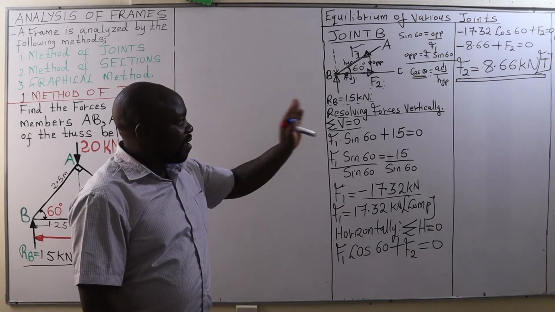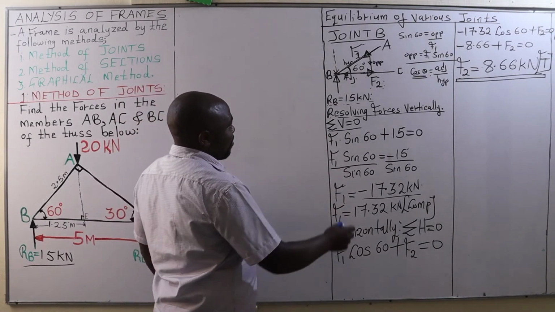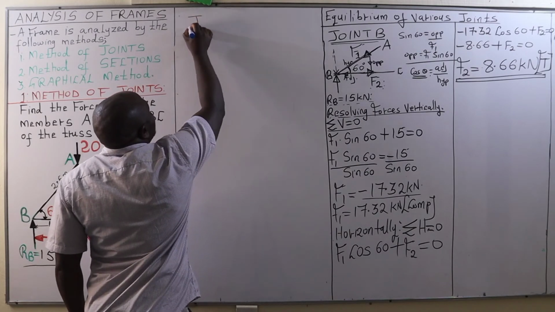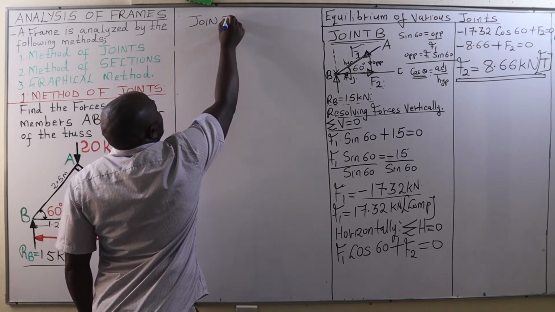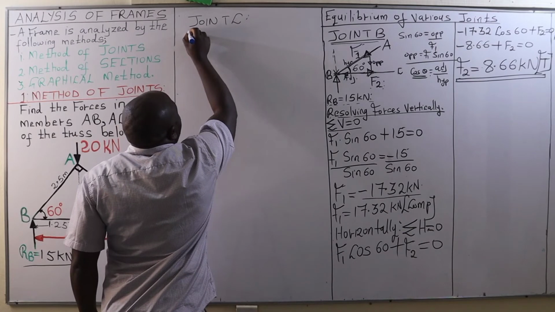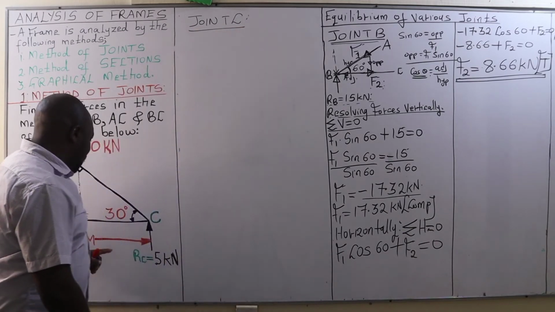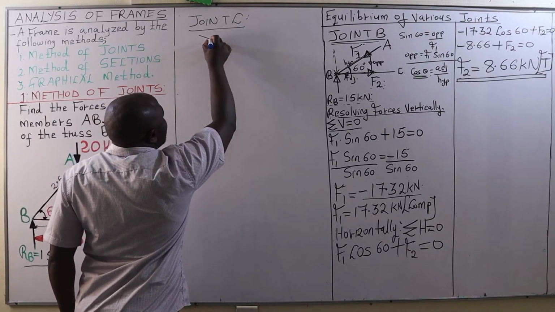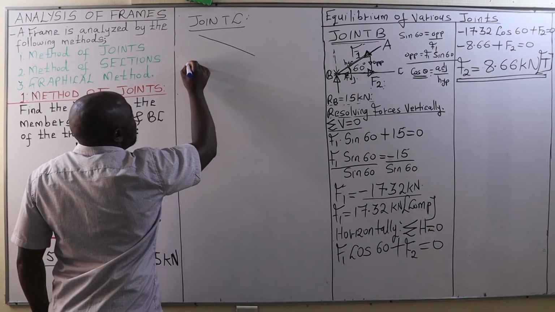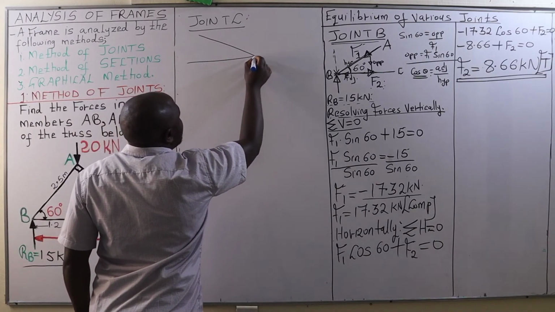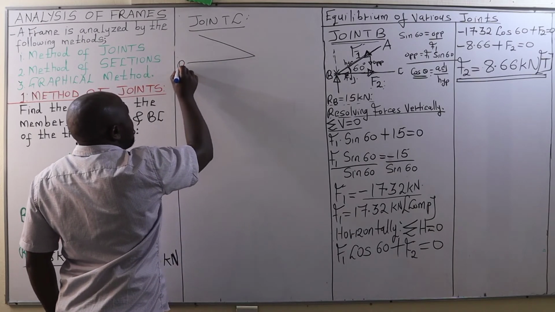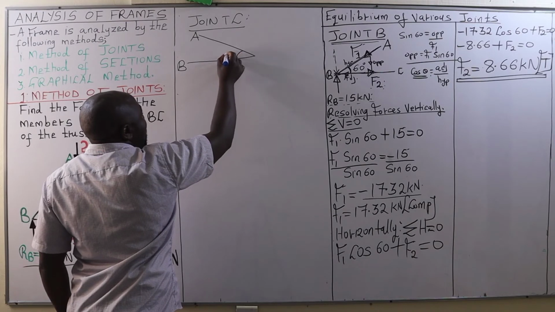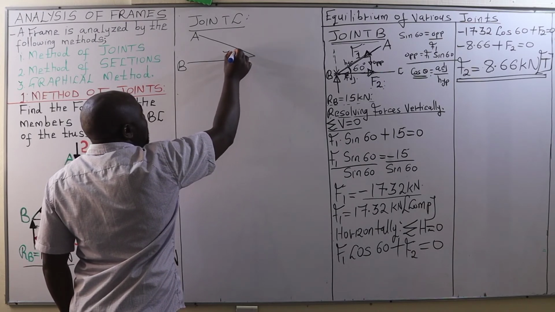So after we are done with joint B, we now go to joint C. When you consider joint C, we are going to have it like this. This is B. This is A. We have an angle of 30 degrees.